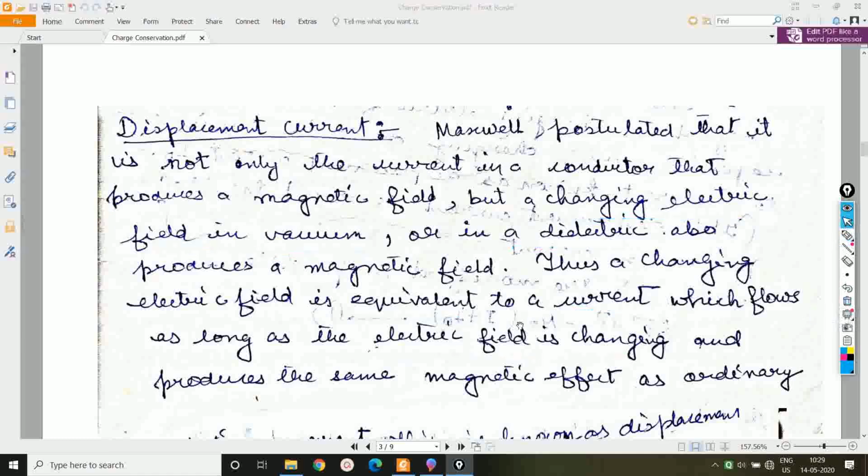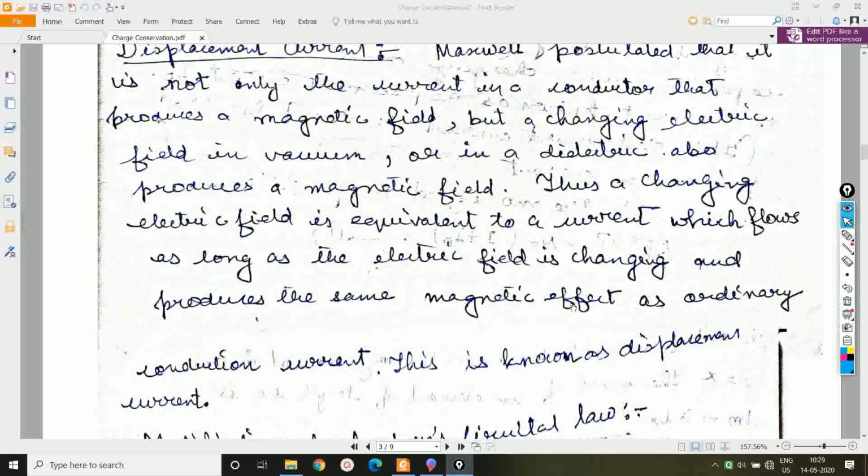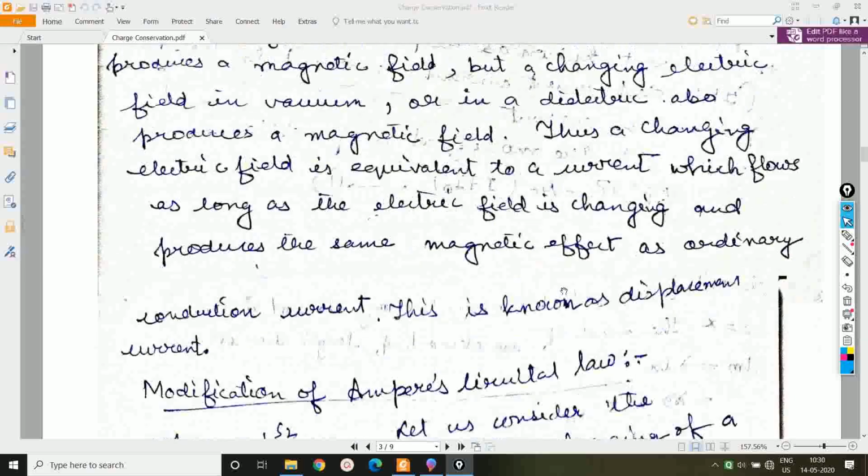Okay, so this is the thing. And this changing electric field can produce the same magnetic effect just like an ordinary current. That is, you will get a magnetic field out of it.